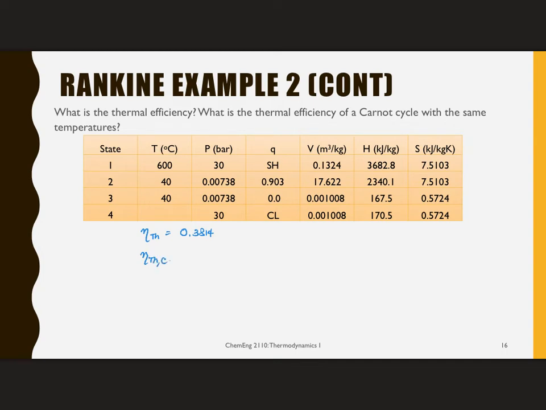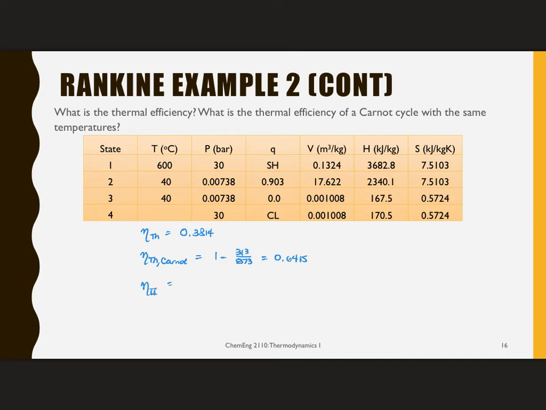The maximum is the Carnot efficiency. It's actually gone up, 0.6415.